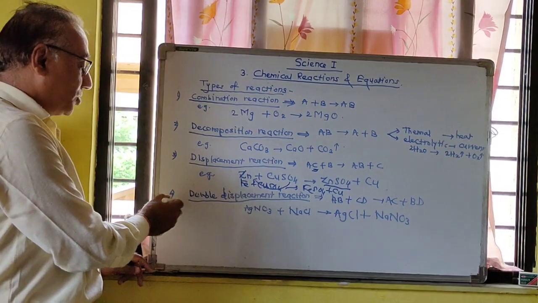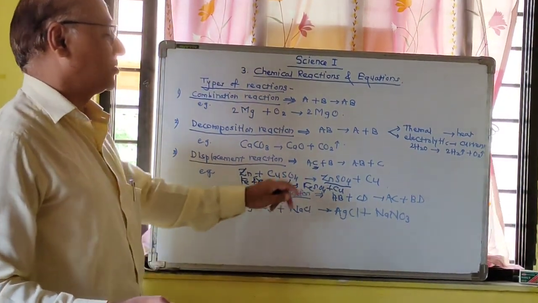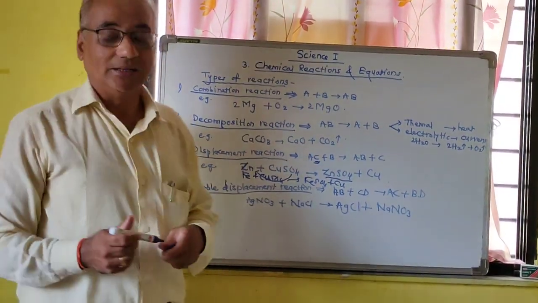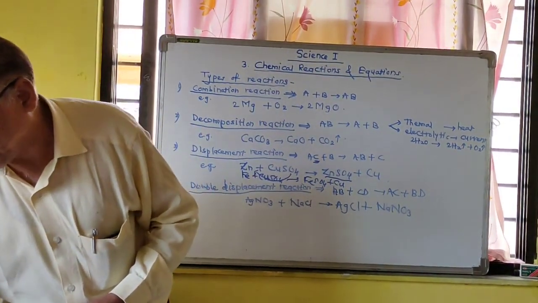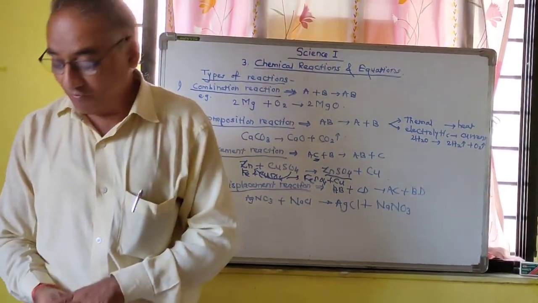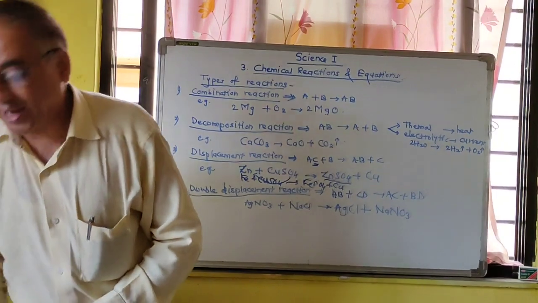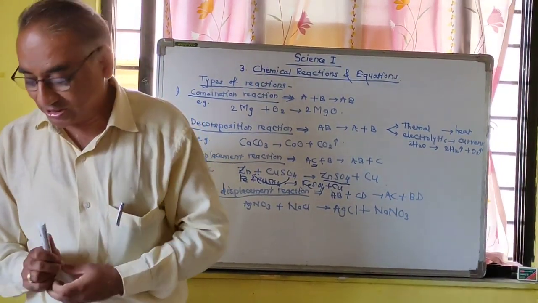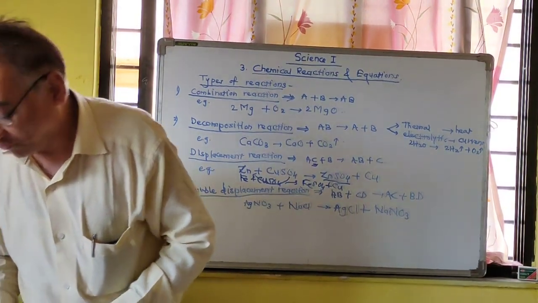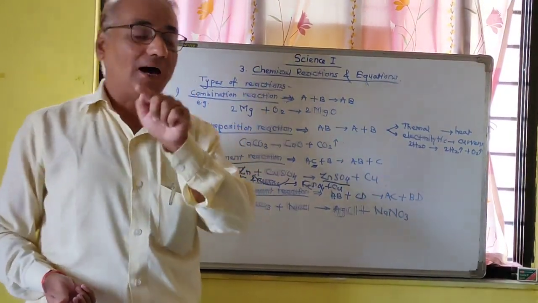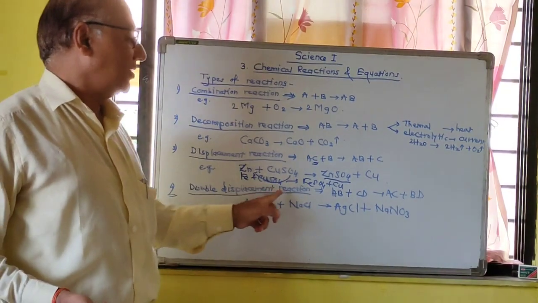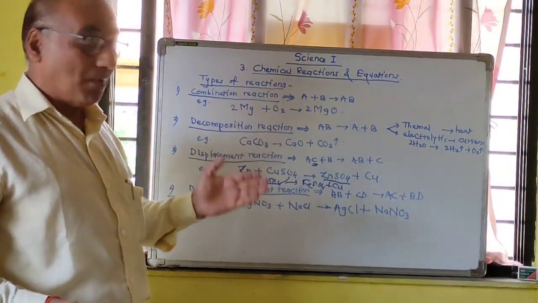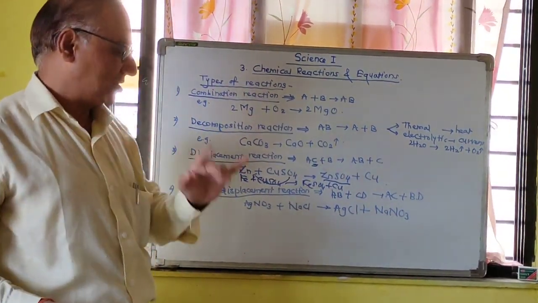Now the fourth type is double displacement reaction. In a double displacement reaction, the ions in the reactants are exchanged to form a precipitate. Now mathematically, how can we represent it?